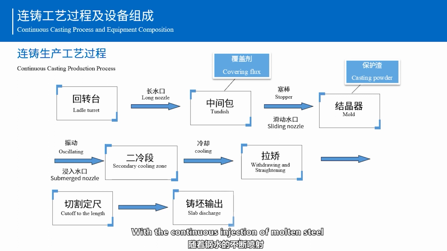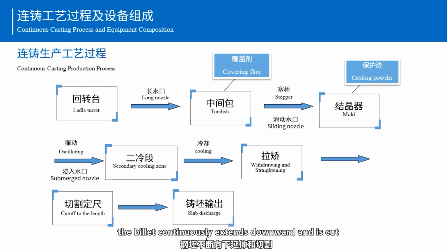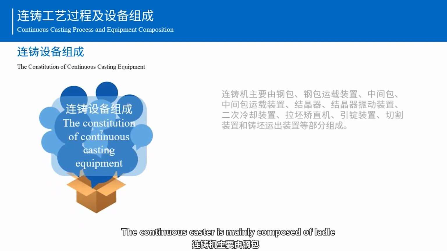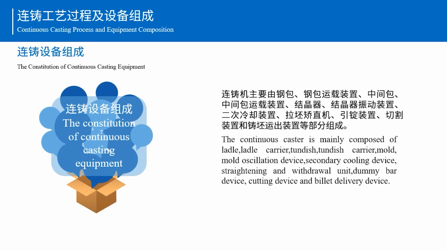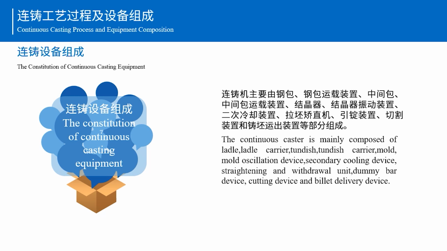With the continuous injection of molten steel, the billet continuously extends downward and is cut, forming the whole process of continuous casting. The continuous caster is mainly composed of ladle, ladle carrier, tundish, tundish carrier, mold, mold oscillation device, secondary cooling device, straightening and withdrawal unit, dummy bar device, cutting device, and billet delivery device.